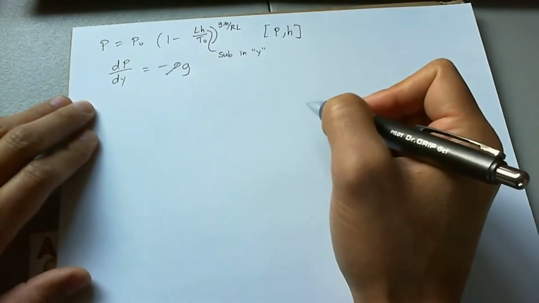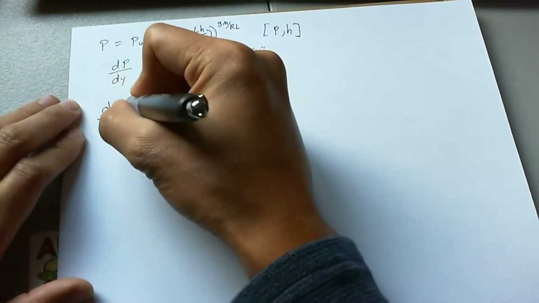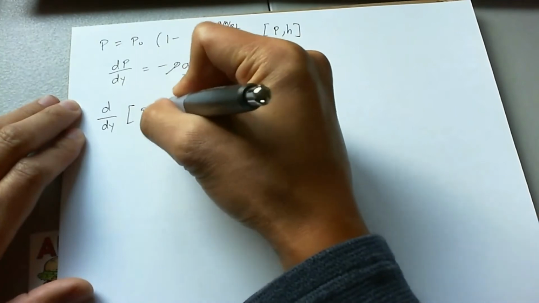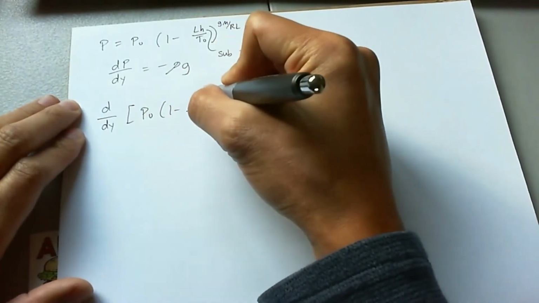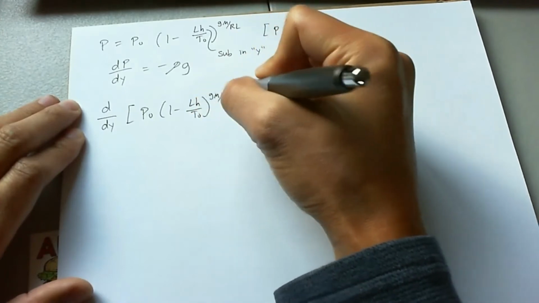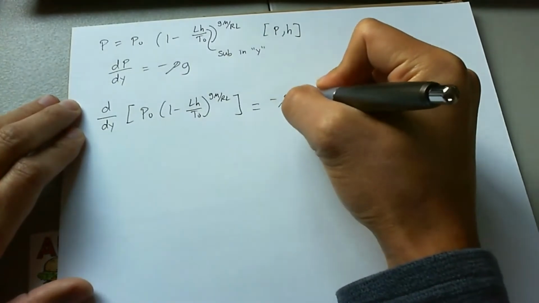So d over dy of P naught times 1 minus LH over T naught to the power of Gm over RL is equal to negative rho G.